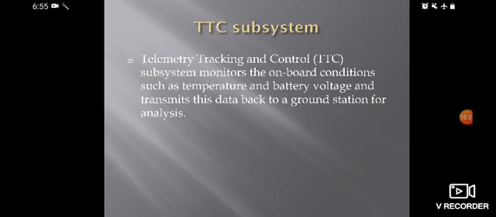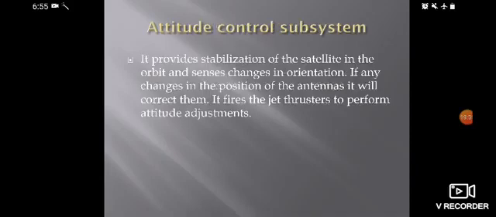I have already told that telemetry tracking and control is mainly used whenever we have temperature changes or battery voltage changes, and whenever we require transmitting some signals towards the ground station. The analysis of these things is done within the TTC, the telemetry tracking and control subsystem.